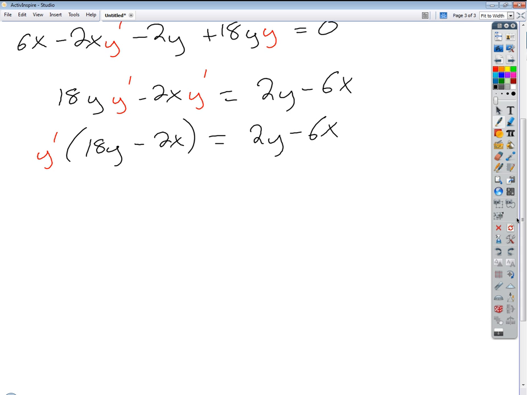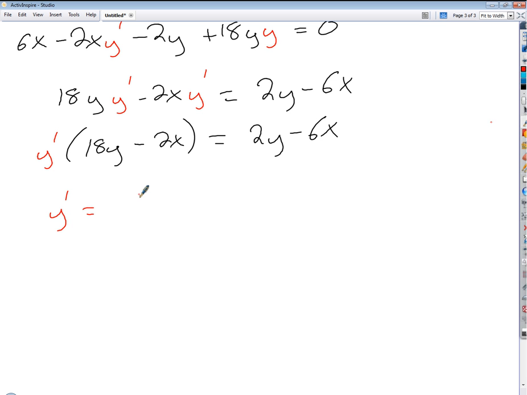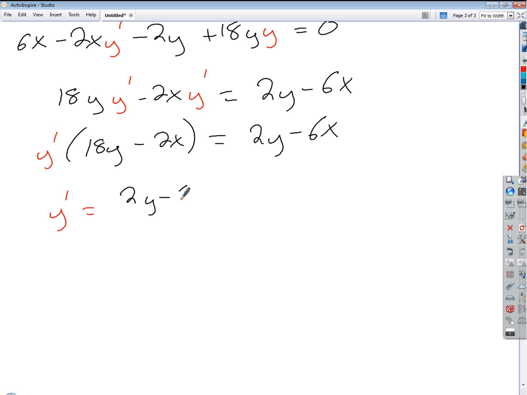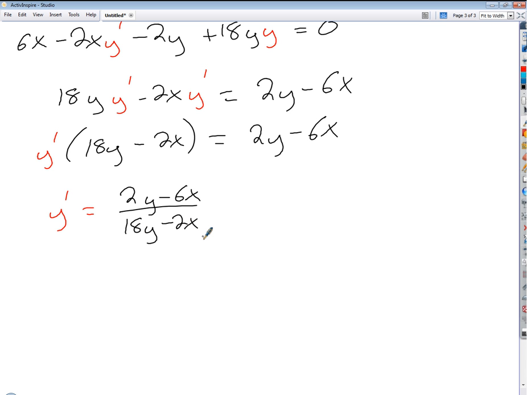And then last step? Yeah, divide both sides by that factor. And I just get y prime equals 2y minus 6x over 18y minus 2x. What's one easy thing I could do with this?